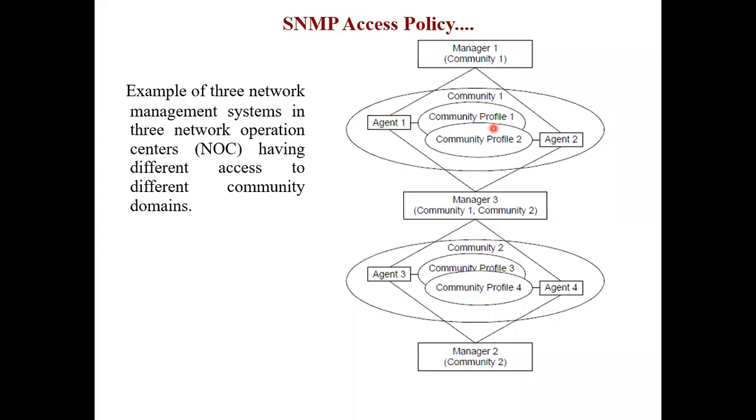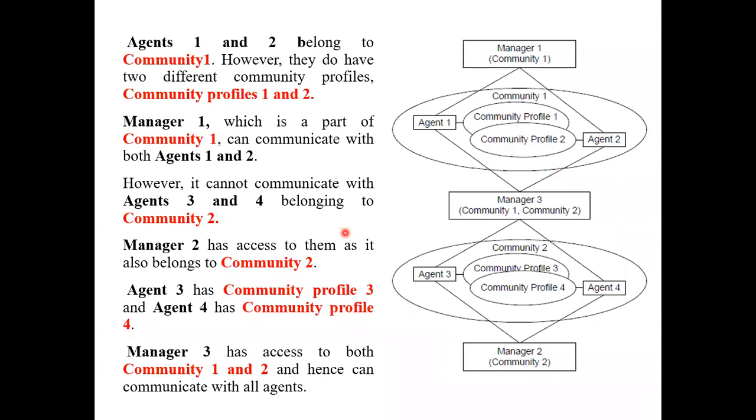Seeing that field, I will understand which community he belongs to, and if he is not belonging to my community, I will not send the data. So in the packet format, which is a very simple packet format, the community name should be present.